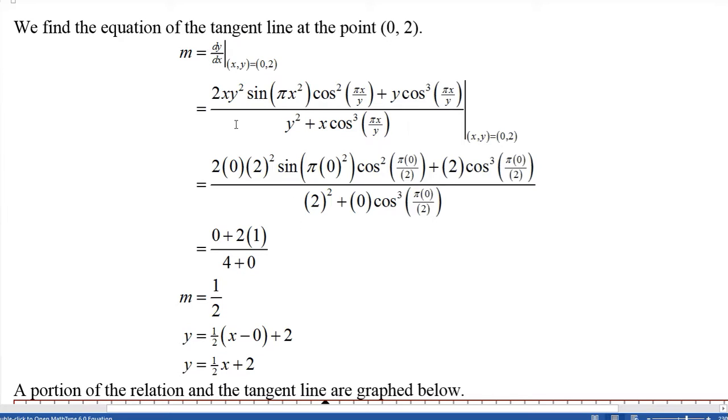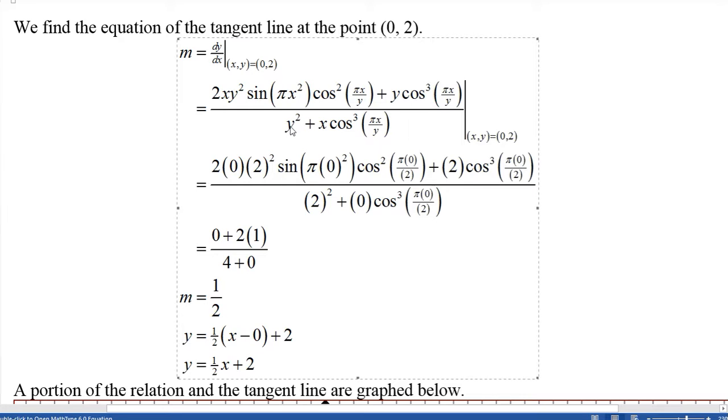To find the slope of the tangent line, we take our formula for the derivative that we came up with. Kind of complicated there, but we just plug in 0 for x and 2 for y. A little bit of simplifying the algebra and trig here. 2 times 0, well, this has a factor of 0, so this whole mess here is 0. And 0 times pi is 0, divided by 2 is 0. Cosine of 0 is 1. 1 cubed is 1, times 2 is 2.